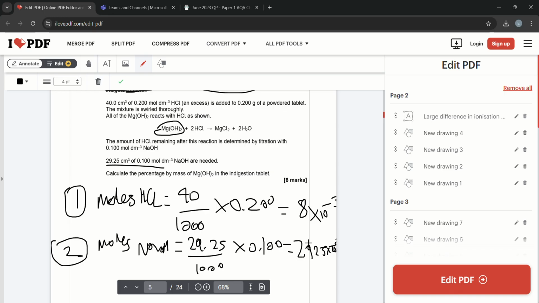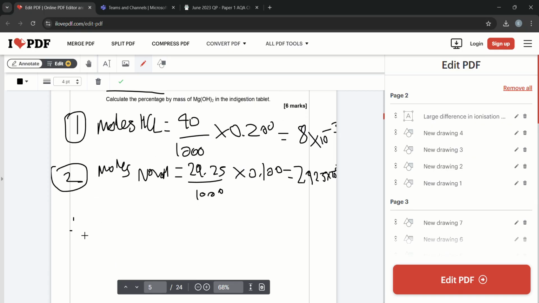So the amount of HCl remaining after this reaction is determined by titration with NaOH. We found the moles of NaOH, therefore the moles of NaOH equals the remaining moles of HCl, because it's titrated with the NaOH. That is 2.925 times 10 to the power minus 3.